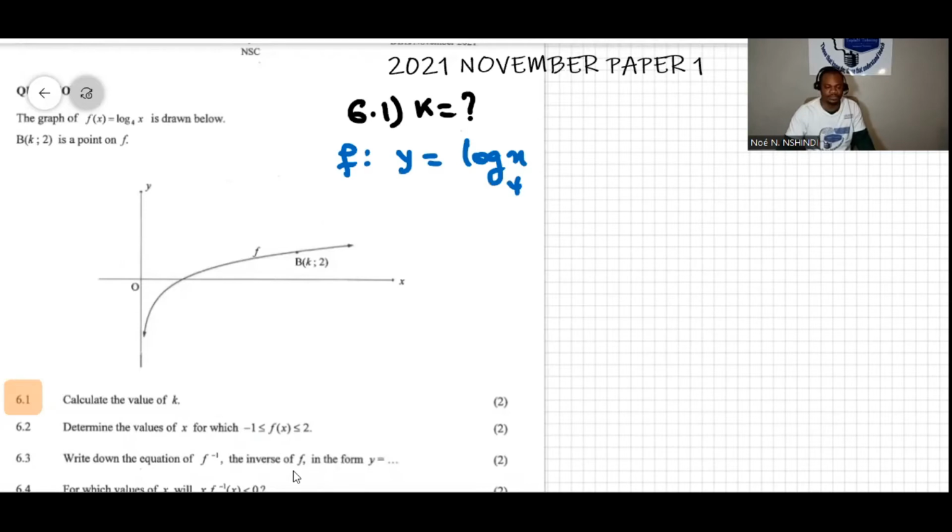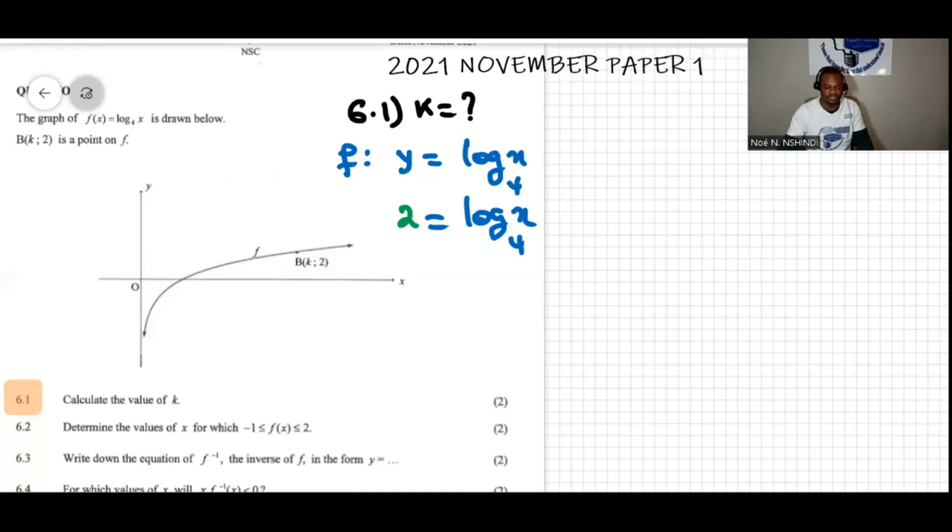Okay, so now here b is given. The y coordinate of b is given, so we're gonna substitute that value by 2. Okay, so it means 2 equal to log of x base 4.